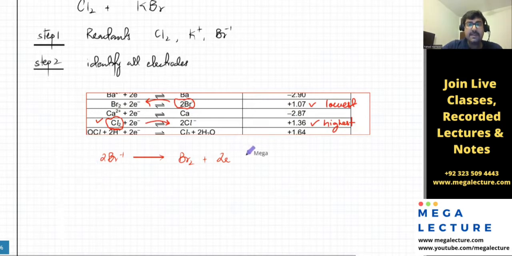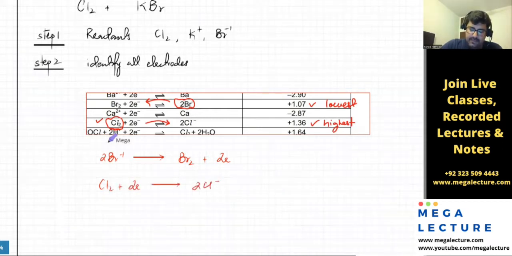So I've written the Br minus 1 equation in the backward direction, and the Cl2 equation will be written in the forward direction. So that would be Cl2 plus 2 electrons, and you can construct the overall equation.